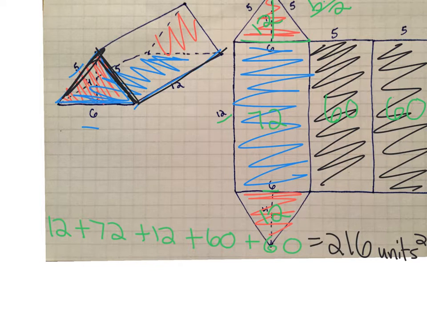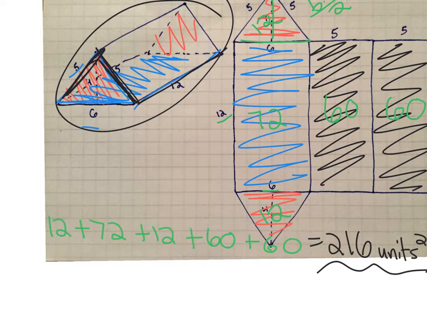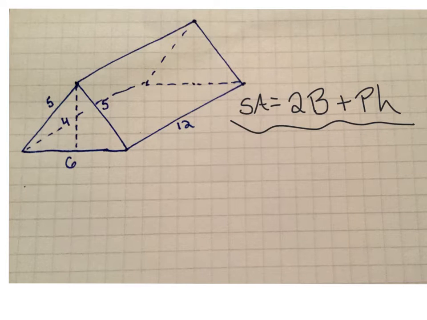units squared. Alright, now let's find the surface area of this triangular prism using the formula so you can see which one you like better. Alright, so the generic formula for a triangular prism is the same as the rectangular prism. The only difference is how you find the area of the base, and the perimeter of the base, it changes.